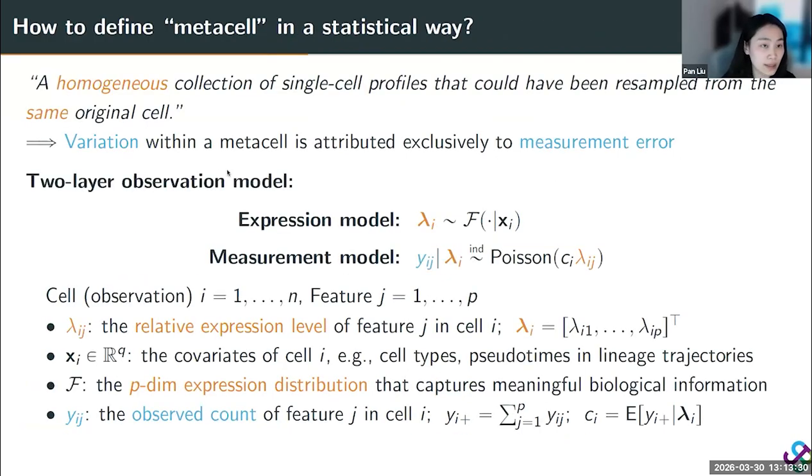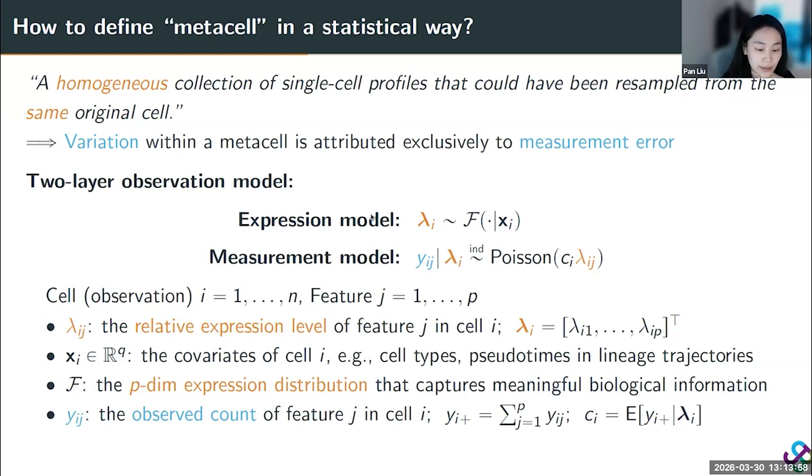And we formulate this two-layer model into statistical language. Here we consider N cells as observations and P genes as features. The expression model is about the true gene expression in cell i represented by lambda_i, where lambda_i is the p-dimensional vector, each dimension for one gene, because we usually look at the p genes jointly.